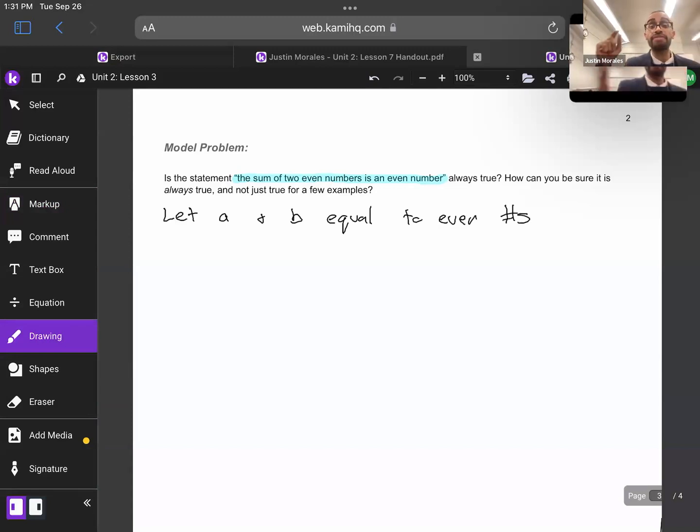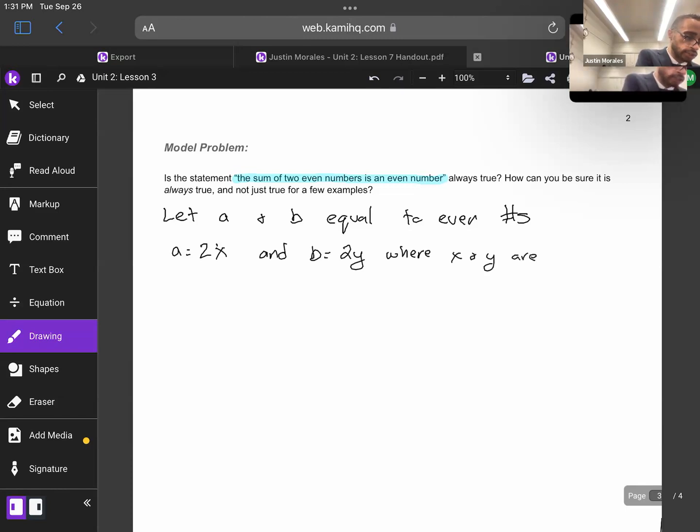So remember, we actually have to use the definition of even numbers now. So we're going to say A equals 2X and B equals 2Y, where X and Y are integers.